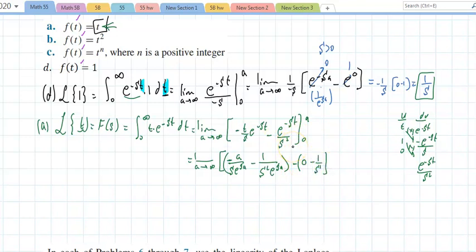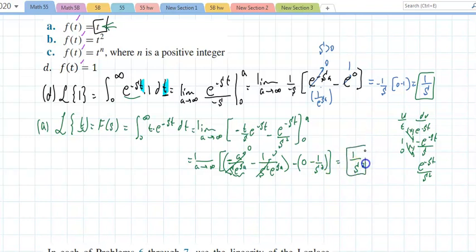Now, as a approaches infinity, I know that by L'Hopital, I have to apply L'Hopital, but the exponential is going to dominate. That's going to be 0. That's going to be 0. And I'm going to be left with simply 1 over s squared. It doesn't show there.